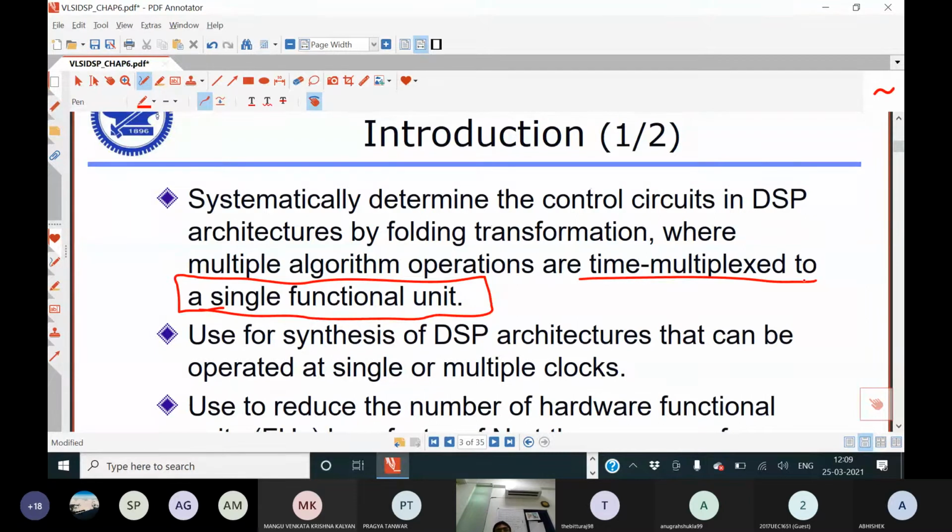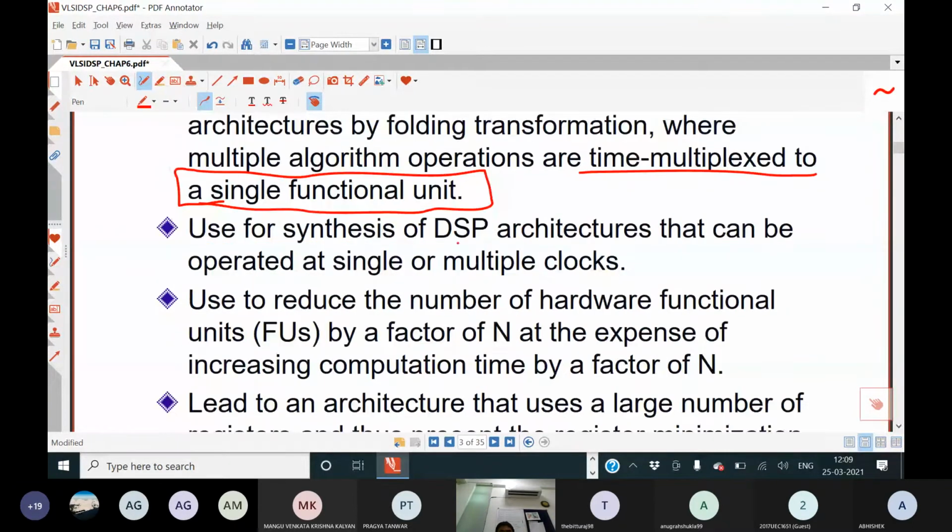In my last class, we discussed the bit serial architecture. If you remember, that example where we apply a 4-bit input A0, B0, then A1, B1, A2, B2, A3, B3. Those inputs are applied one bit at a time, and with that you generate your output.